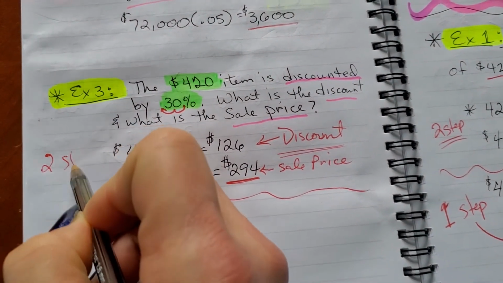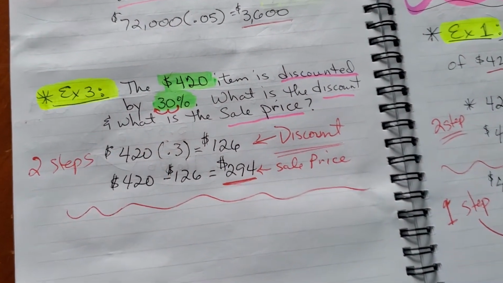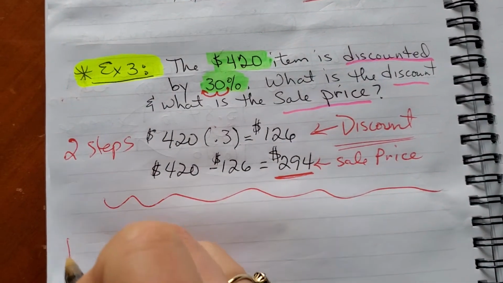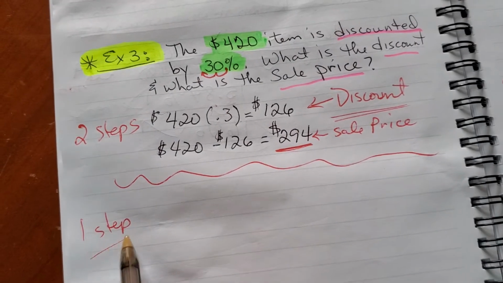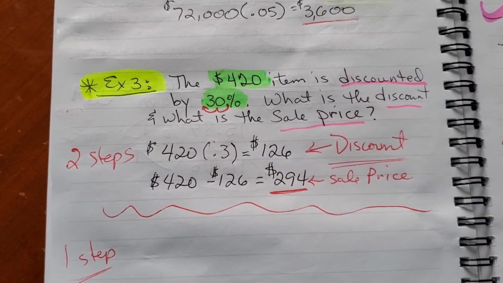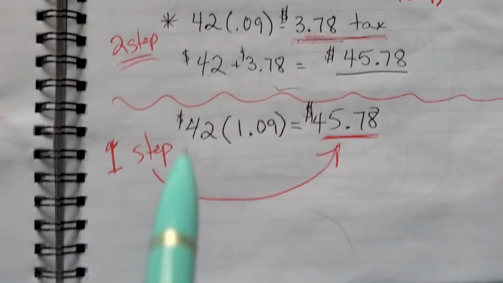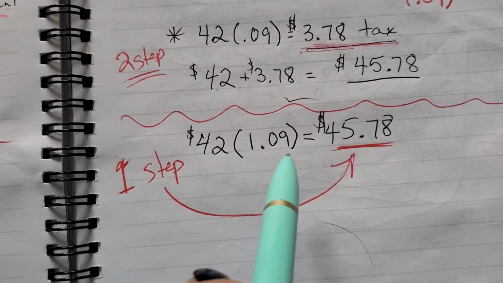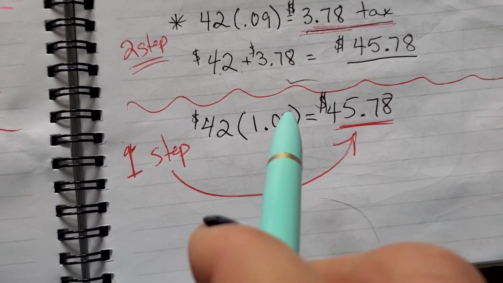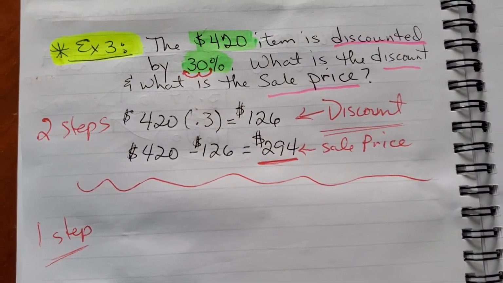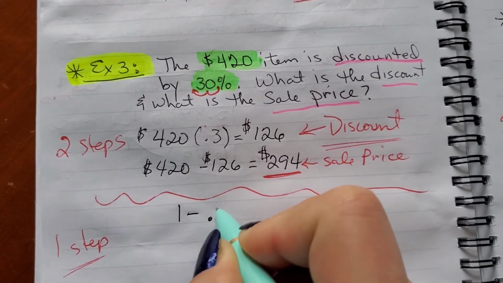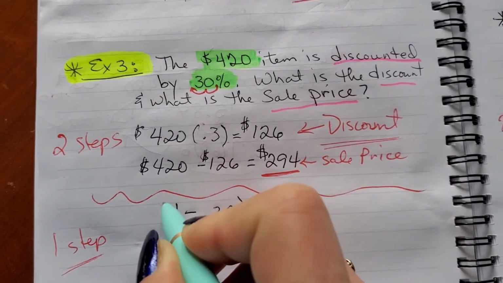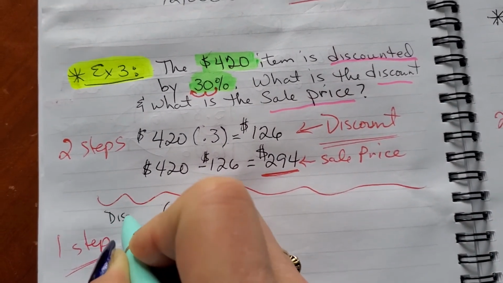This we did in 2 steps, but now I'm going to show you how we can do it in 1 step like we did the tax problem. So what do I have to do? Well, this time, again, referring back, instead of taking 1 plus my percentage rate written as a decimal, with a discount, I am going to take 1 minus, because this is a discount.